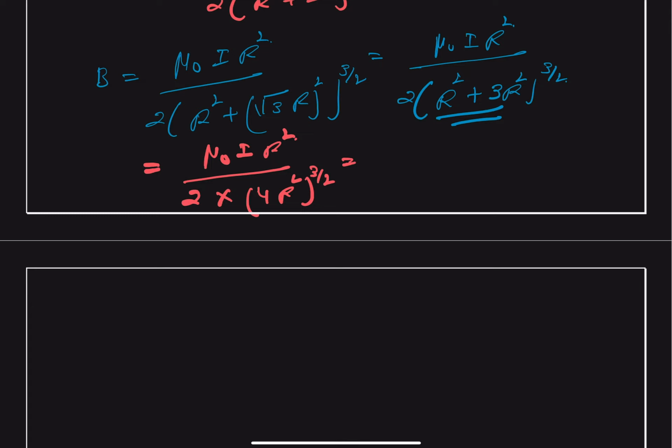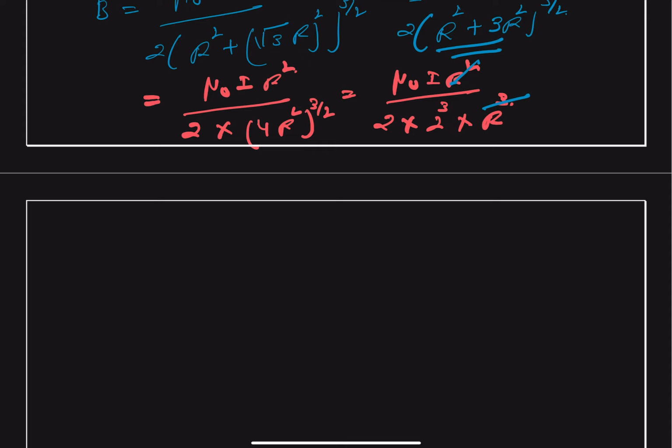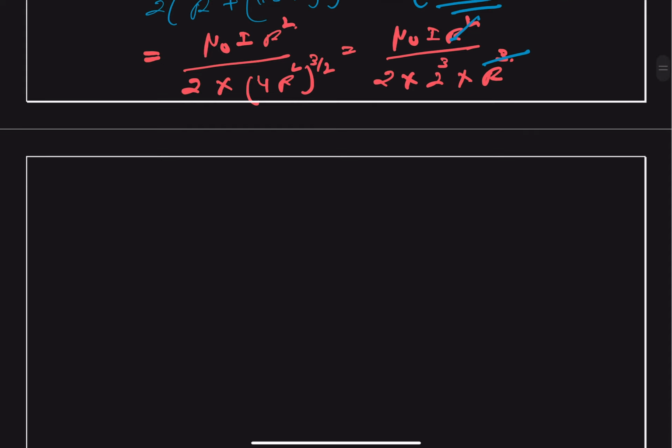Further, square root of 4 is 2, so this comes as 2 cubed multiplied by r cubed, and the r square cancels with the r cube. So the magnetic field B will be equal to mu naught I upon 16 r.